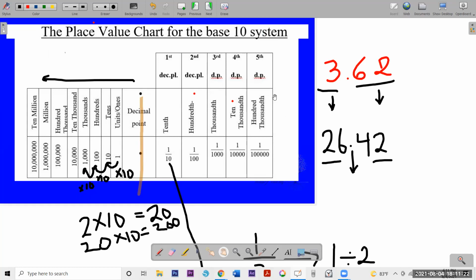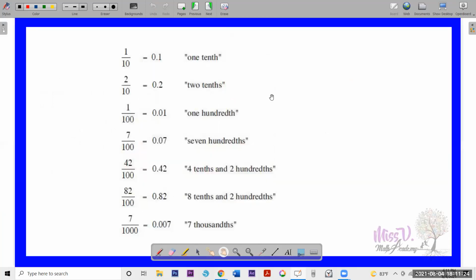I'm going to give you more examples so that it makes more sense. Looking at this, if we have 1 over 10, it's the same thing as saying 1/10, which is 0.1, because this would be our first place value. Let's look at another example. 2 over 10 is the same thing as 2/10, which is 0.2.